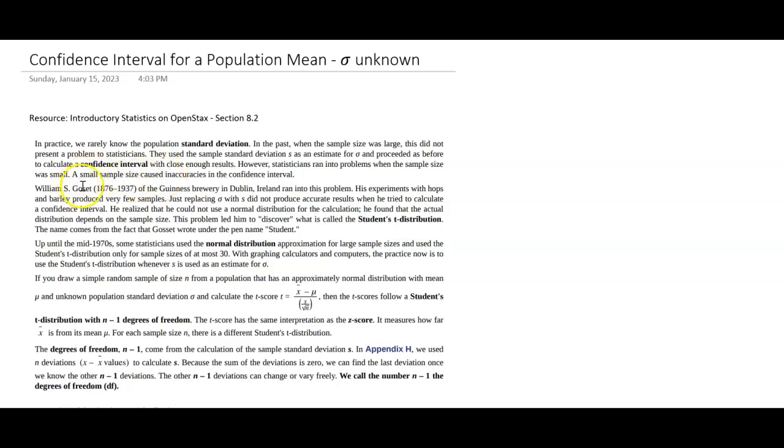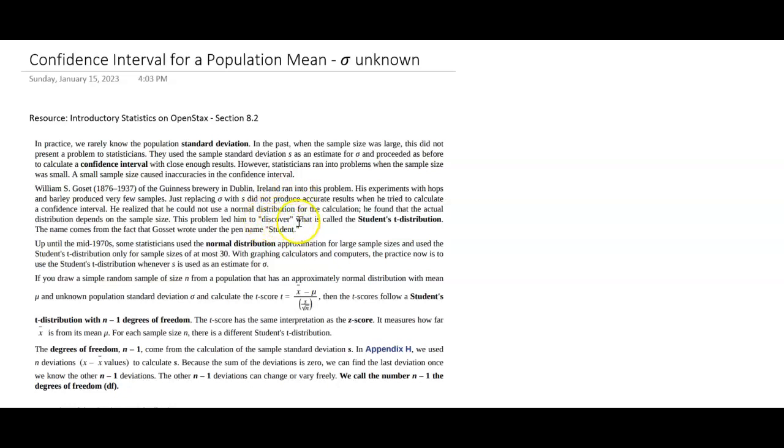So Gosset, who worked for Guinness Brewery at the turn of the century during the Industrial Revolution, ran into this problem. His experiments with tasting hops and barley went with very few samples, and it didn't produce very accurate results when he tried to find these confidence intervals.